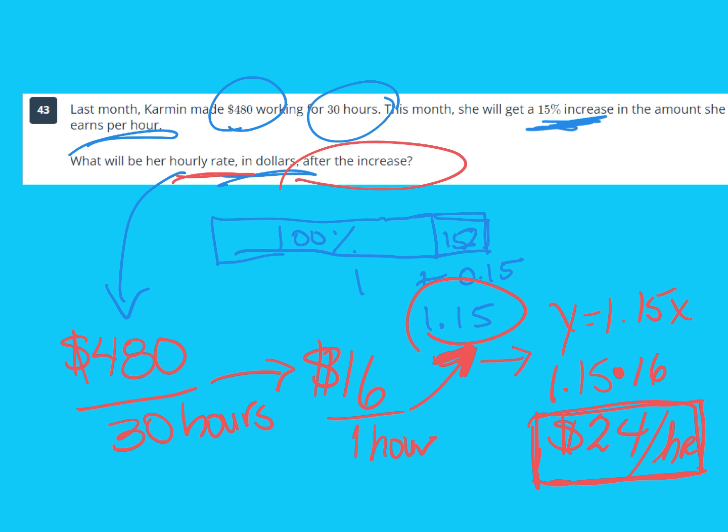Wait, I think I put that in wrong. 16 times 1.15 equals, yeah, I put that in wrong. What I put in was 1.5. I knew it was too high. Always, always check your work. The correct answer is $18.40 per hour.